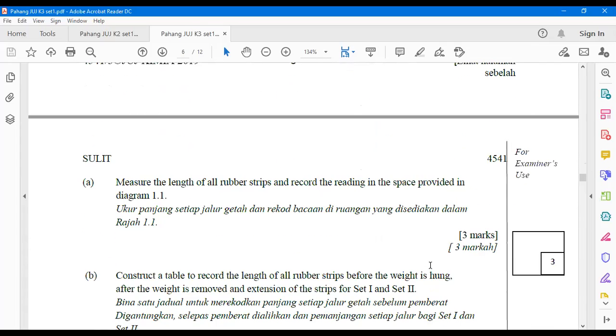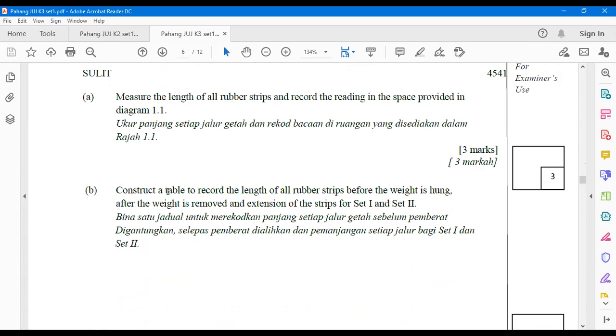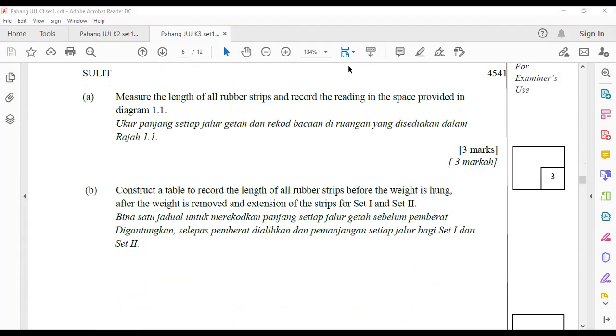Okay, next part. Now, part B. Construct a table to record the length of all rubber strips before the weight is hung and after the weight is removed, and extension for rubber strips for set 1 and set 2. So now, what is the keyword here? Number 1, you should know that you will have set 1 and set 2. Okay?